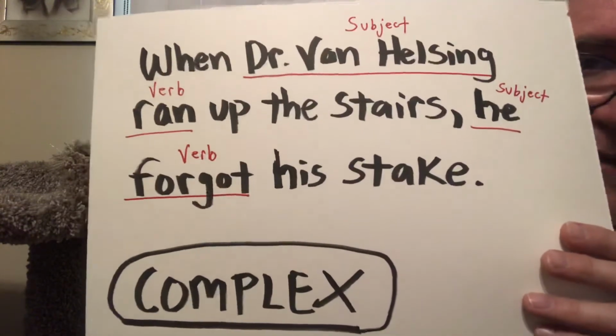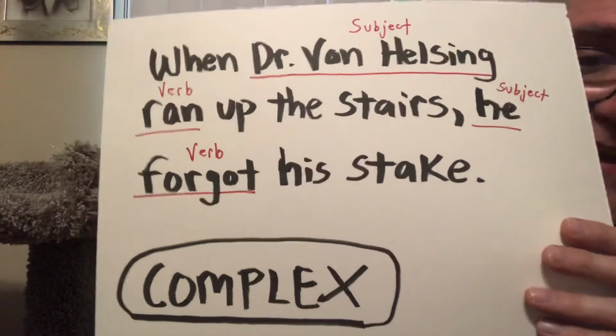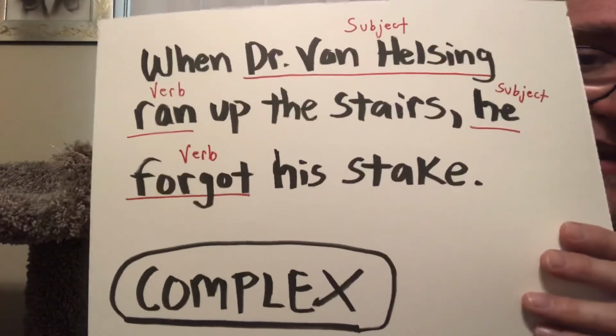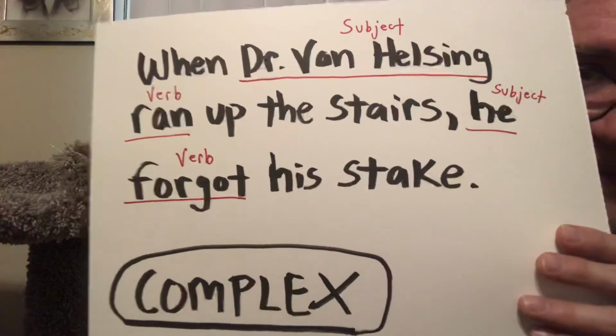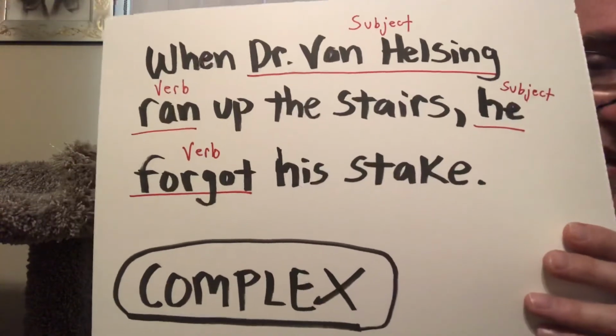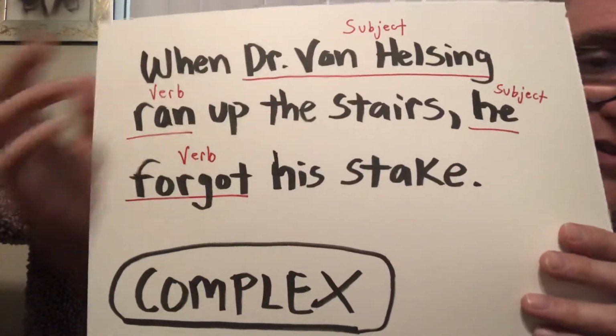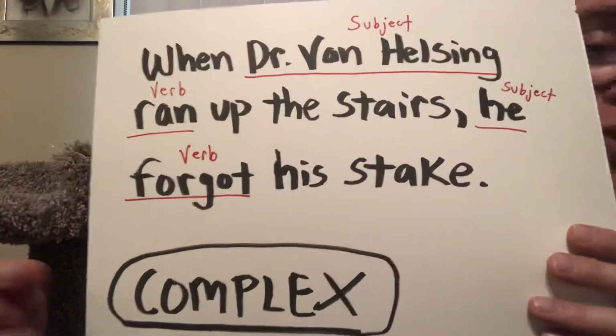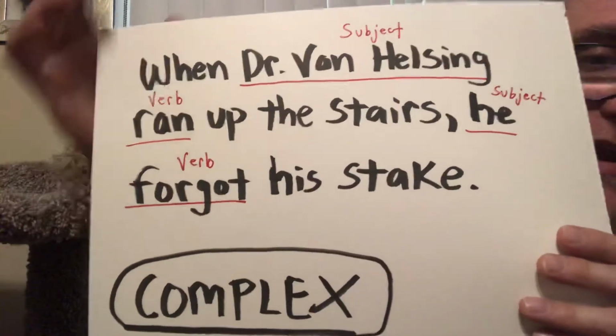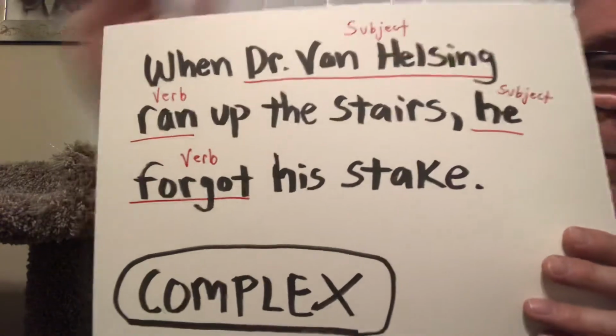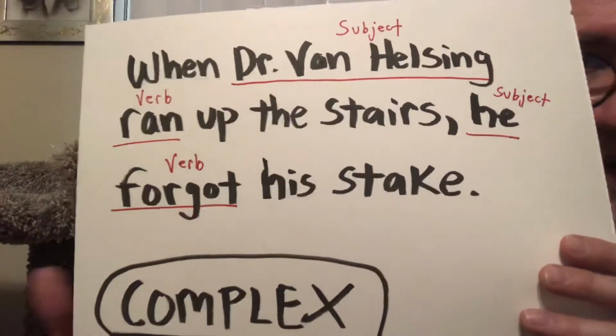That doesn't make sense by itself. Right, and if it doesn't make sense by itself, then it is dependent, right? It's a dependent clause. So the word when here is just one example. It's a subordinating conjunction, and it transforms this independent clause into a dependent clause.